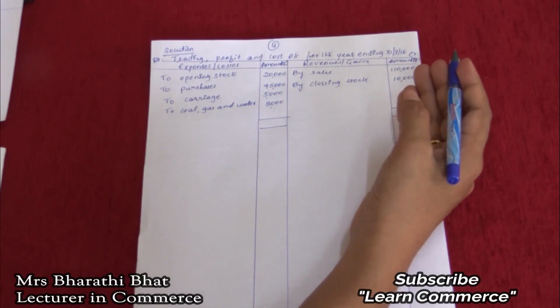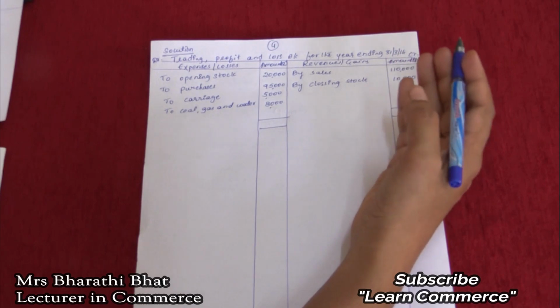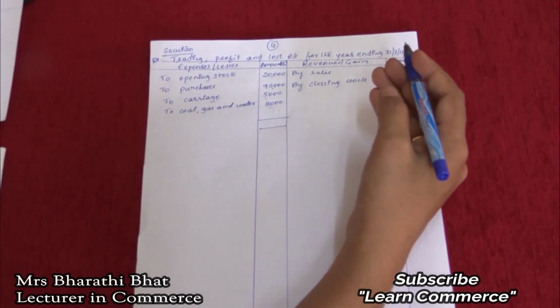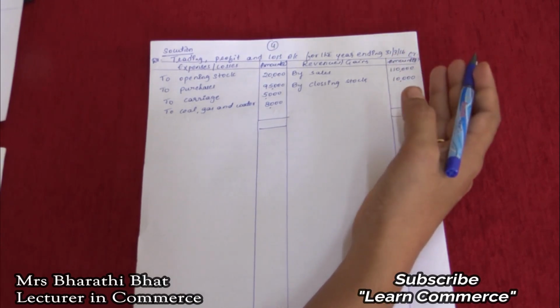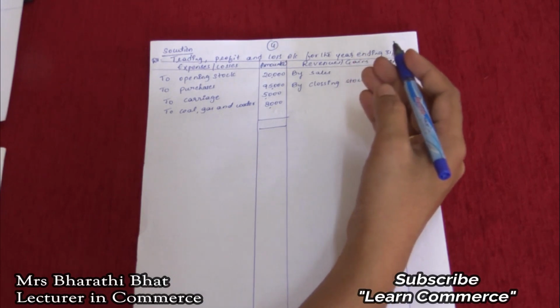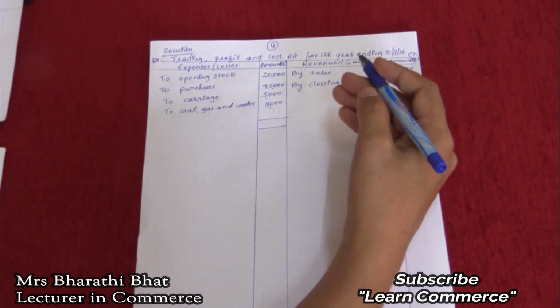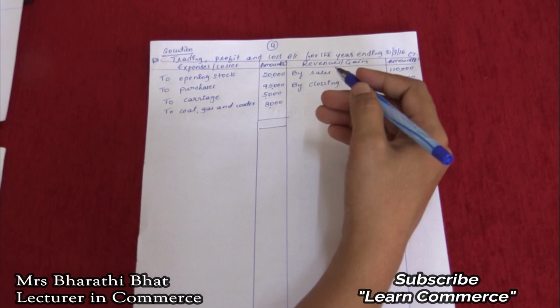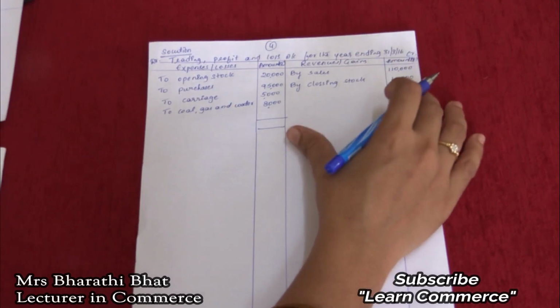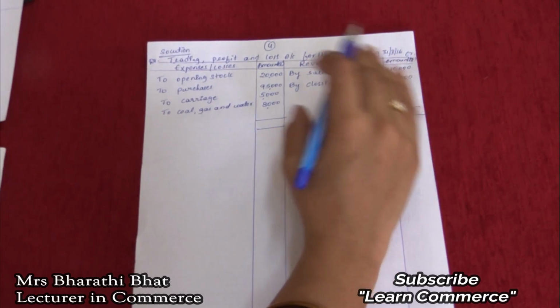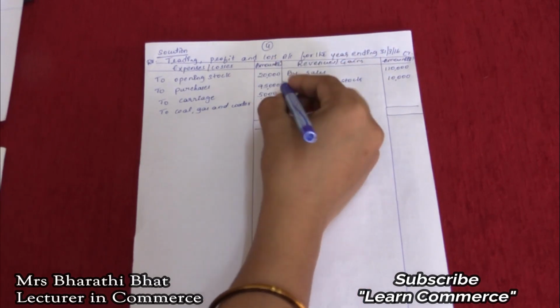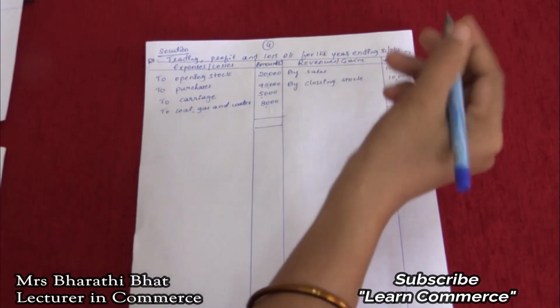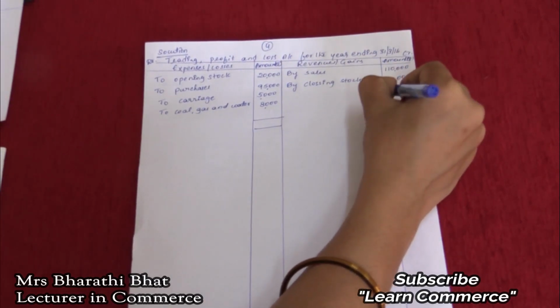Yes, gross loss. In the previous sums, we earned gross profit. Their revenue is greater than our expense, so that's why the difference amount is considered as gross profit. But in this case, our revenue is lesser than our expense, so the difference amount is called what? Gross loss.